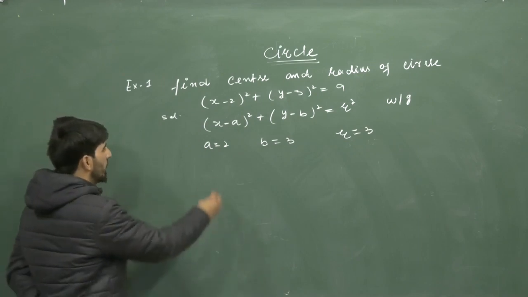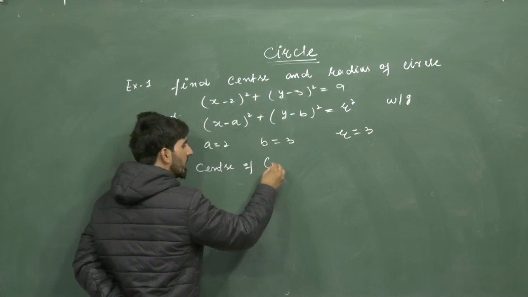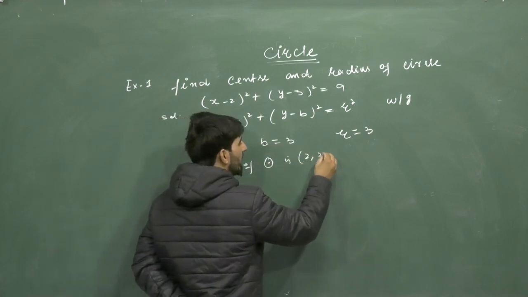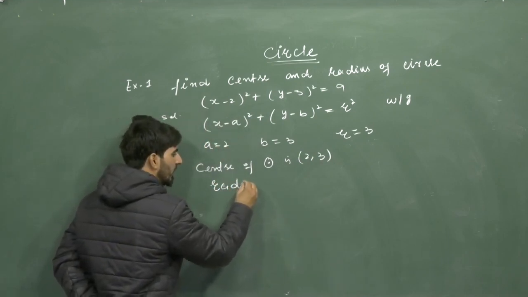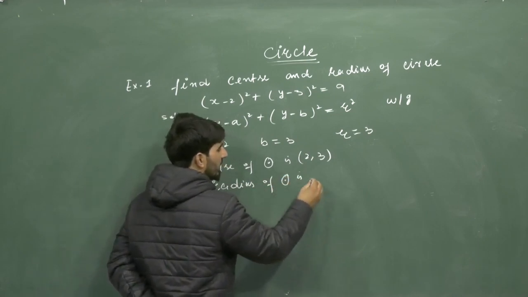So we can say center of circle is 2, 3 and radius of circle is 3.